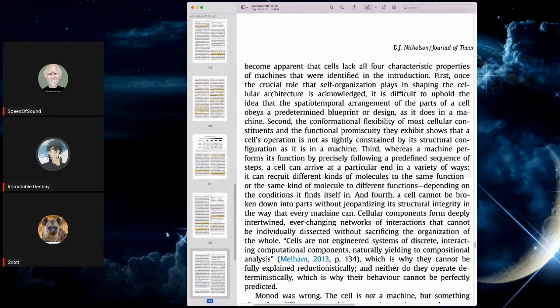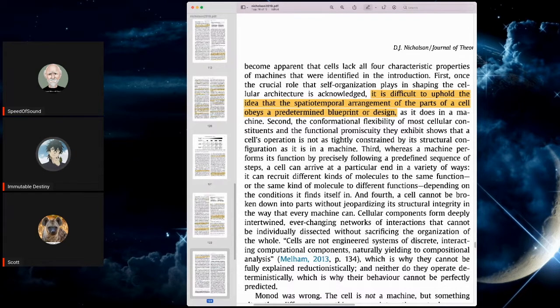First, once the crucial role that self-organization plays in shaping the cellular architecture is acknowledged, it is difficult to uphold the idea that the spatiotemporal arrangement of parts of a cell obeys a predetermined blueprint or design, as it does in a machine.